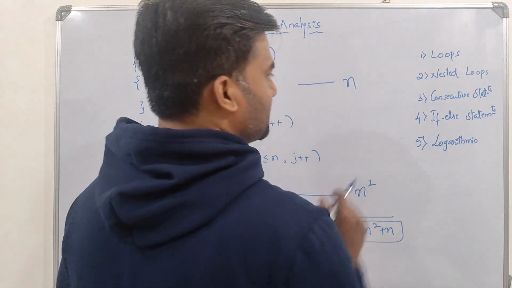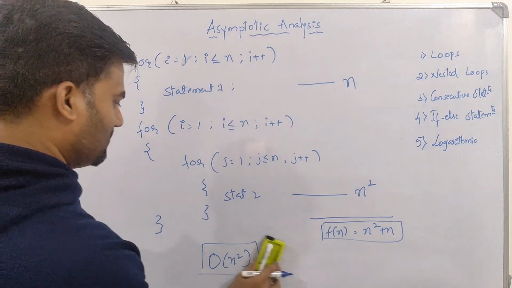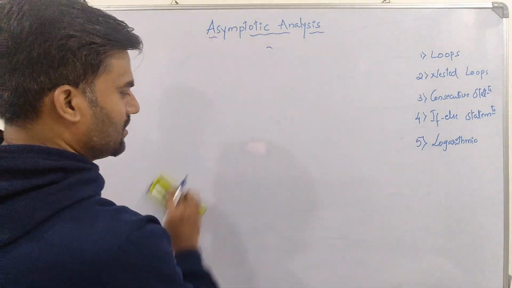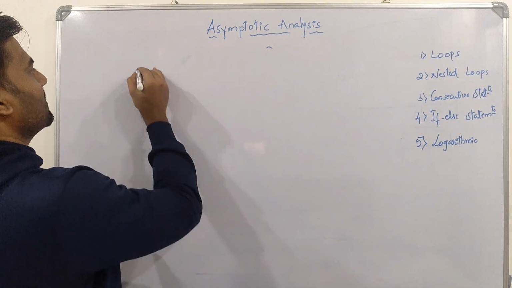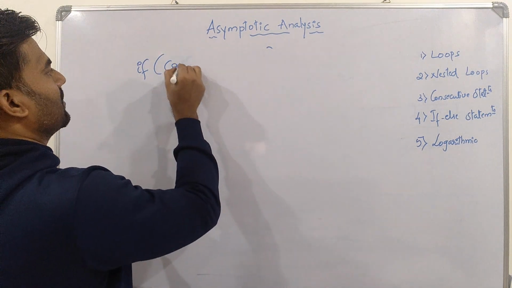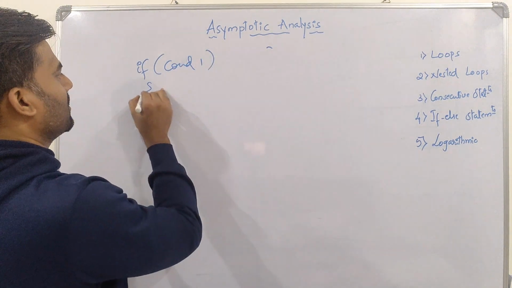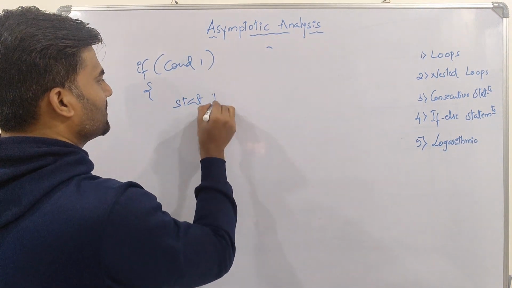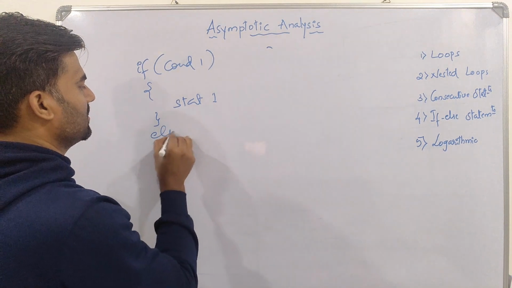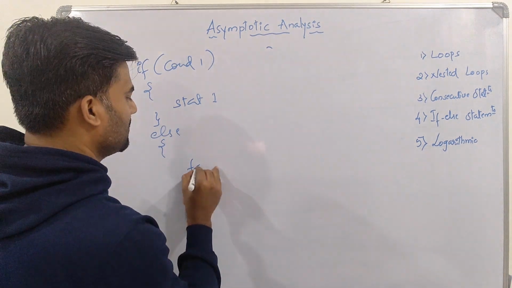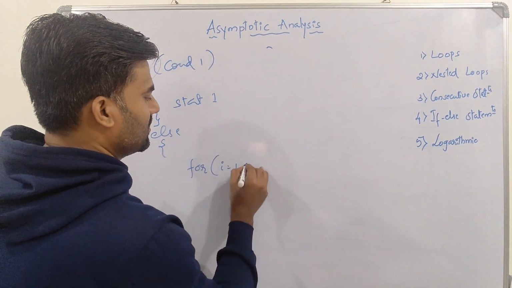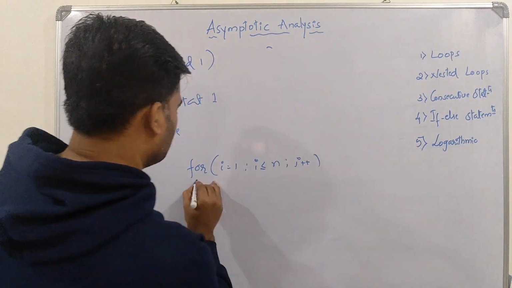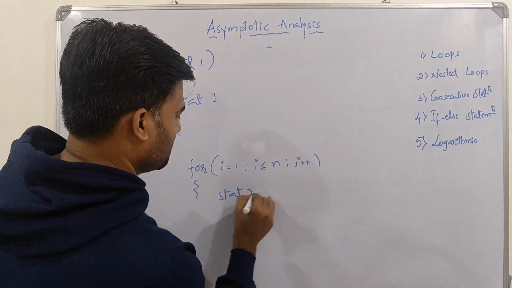Now let us consider the if-else statement. I will remove this. Let us say if condition 1, then statement 1 executes, else if that is not the case, we reach this particular block and it executes statement 2.